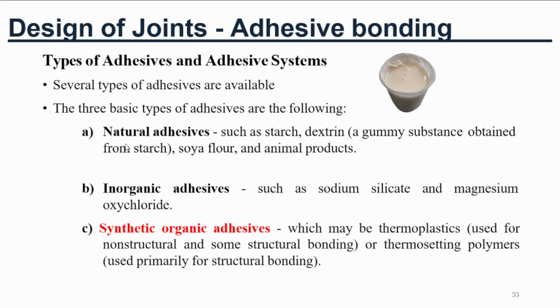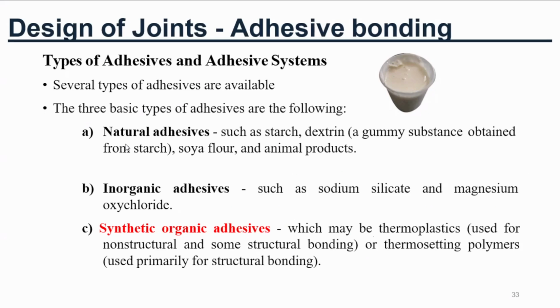Starch is obtained from potatoes. This is basically used in the packing industry. Starch is made from potatoes.